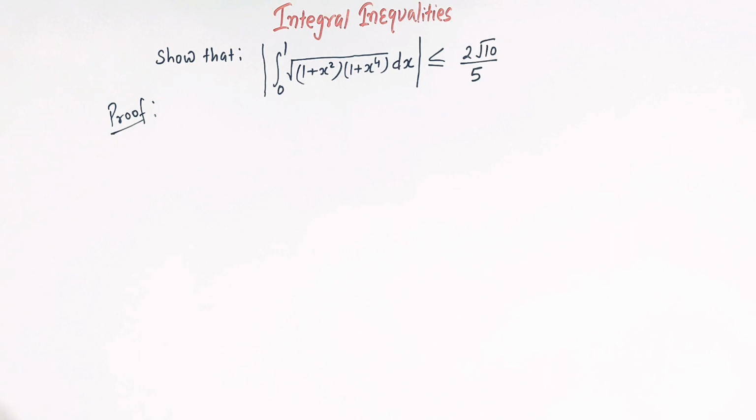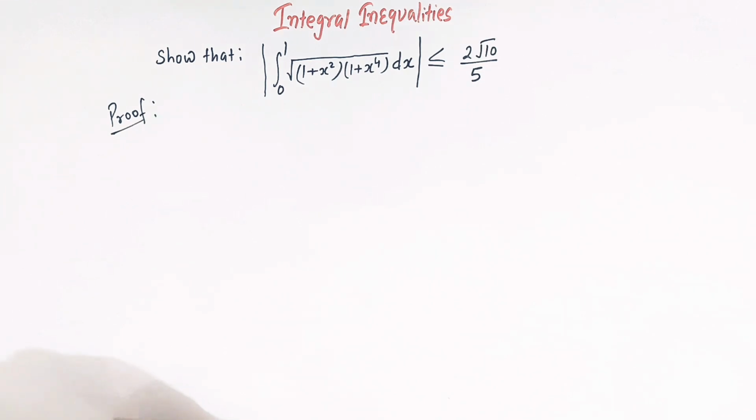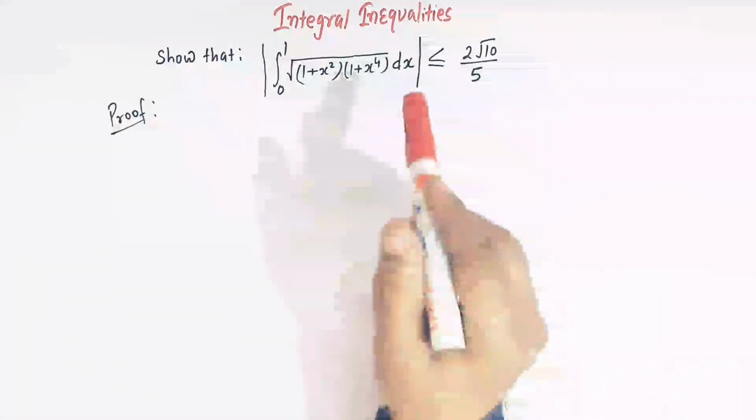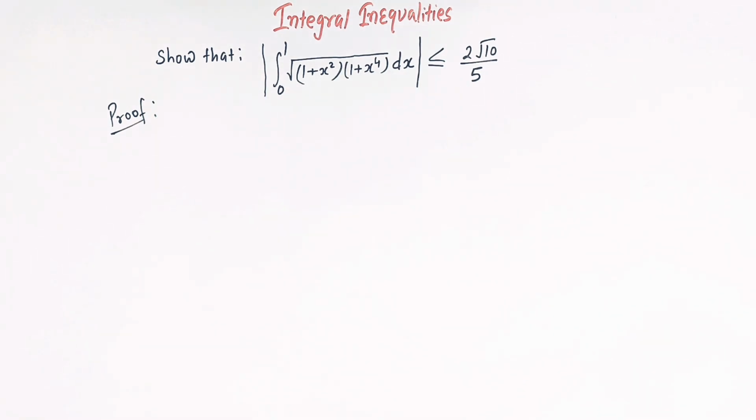So we'll see a new result, also known as the Cauchy-Schwarz inequality, which will be used to prove this integral inequality.